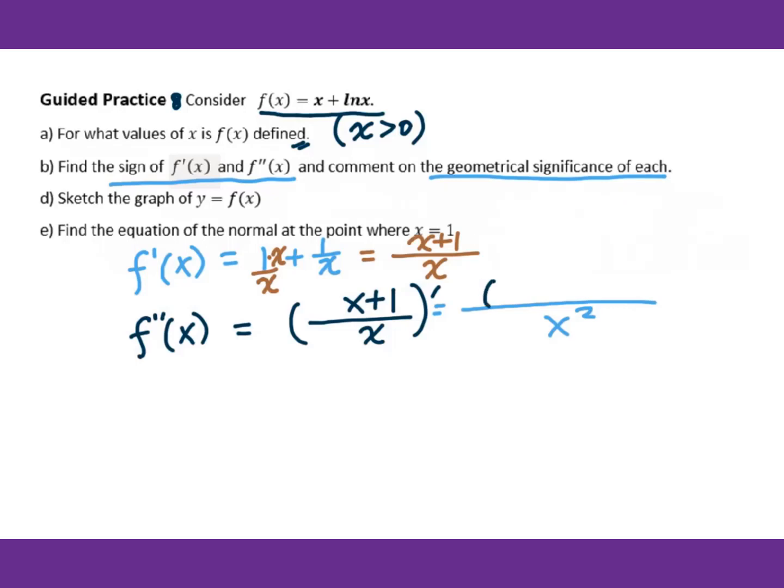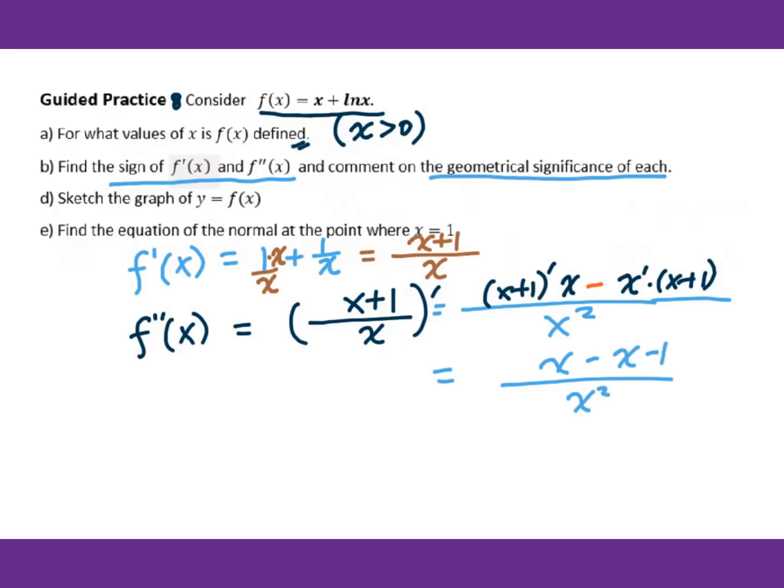You will get the derivative of x plus 1 times x, minus the derivative of x times x plus 1. So you will have x minus x minus 1 over x squared, which means negative 1 over x squared.